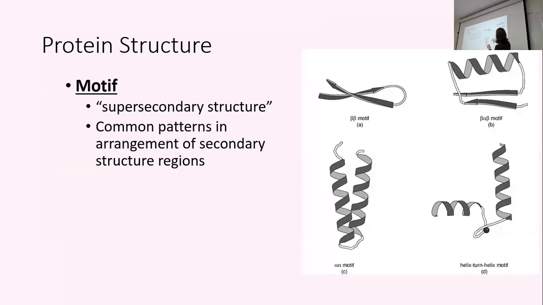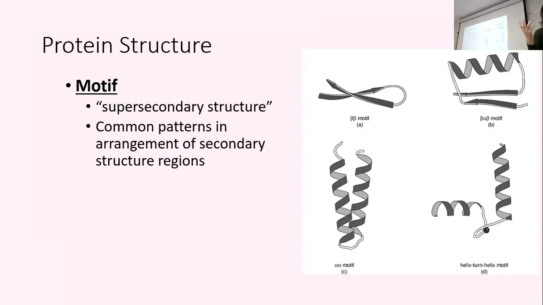When they started looking at all this data, they realized there are these repeating motifs or patterns in protein sequence. So you frequently see a beta-beta motif. So you see 2 sheets together that fold together. Maybe you see 2 helices, a helix with one of these little elbow bends, a helix-turn-helix, you might say, right?